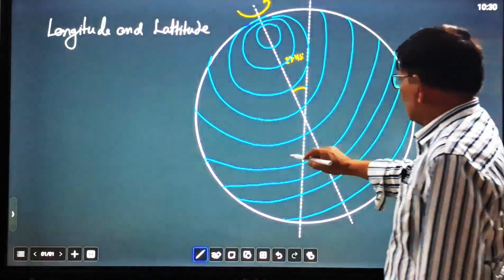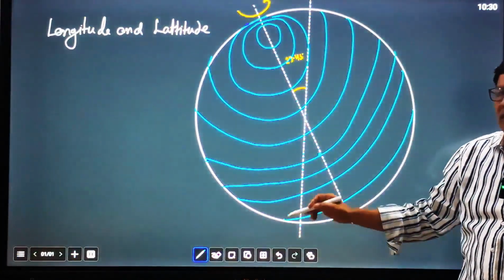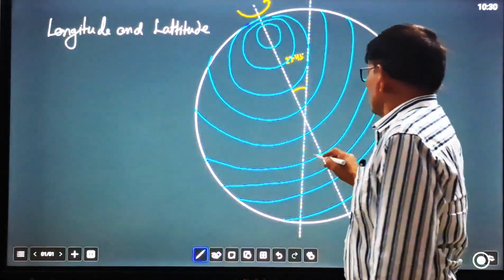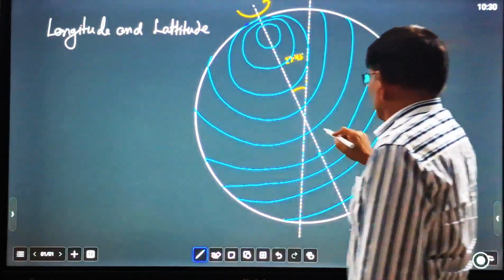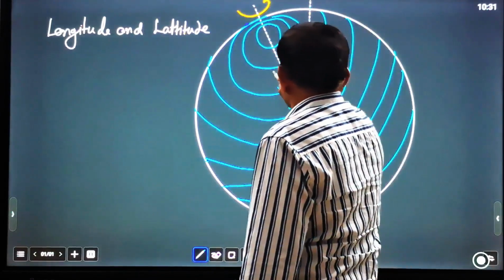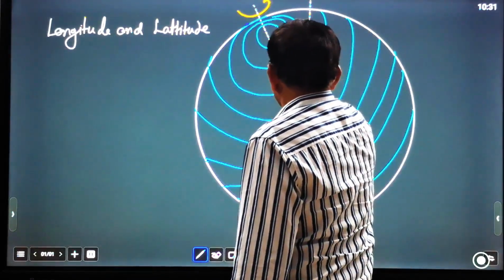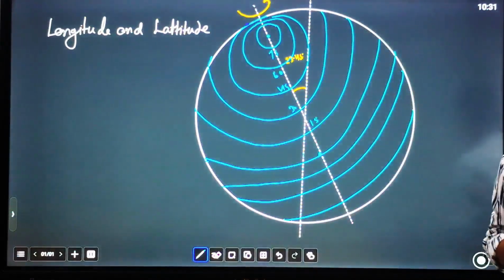This divides the Earth 50-50 into north and south. From here we take the reference, and take 15 degrees, 30 degrees, 45 degrees, 60 degrees, 75 degrees, and here 90 degrees.